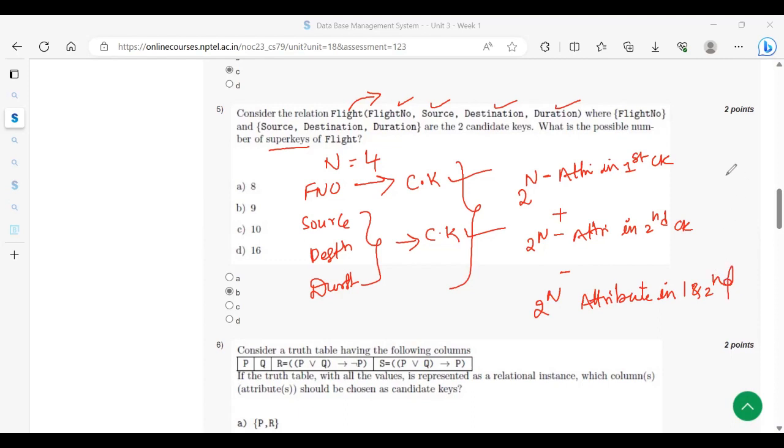So this is the formula to establish the super keys for this example.